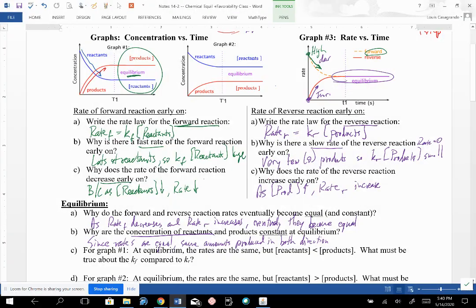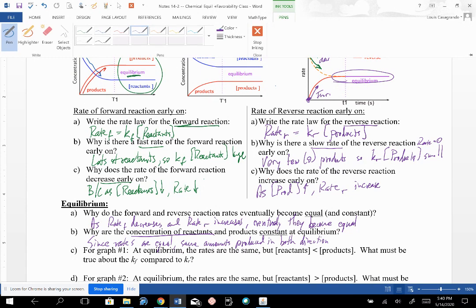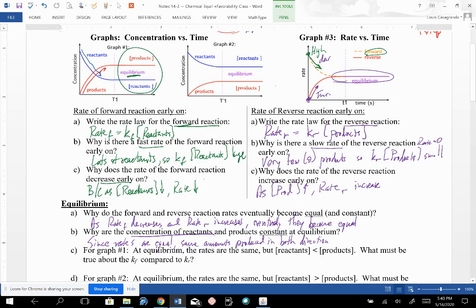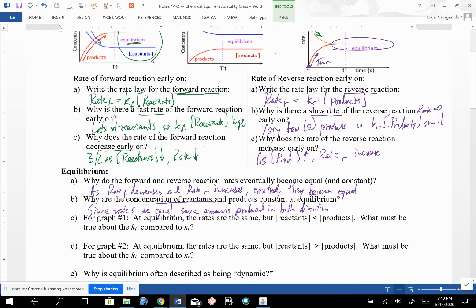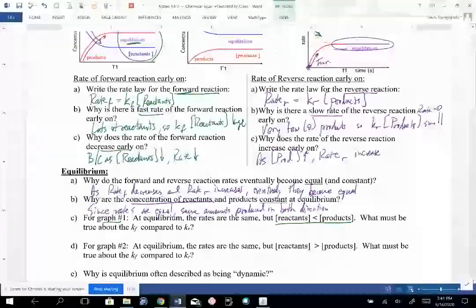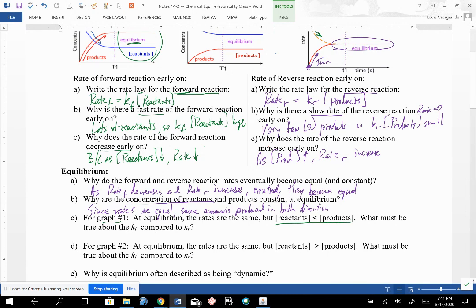Now, the difference between graph 1 and graph 2 is whether or not we have a reaction that's inherently faster in the forward direction or in the reverse direction. So at equilibrium, the rates are going to be the same, but in graph number 1, we notice that the concentration of the reactants is lower than the concentration of the products.